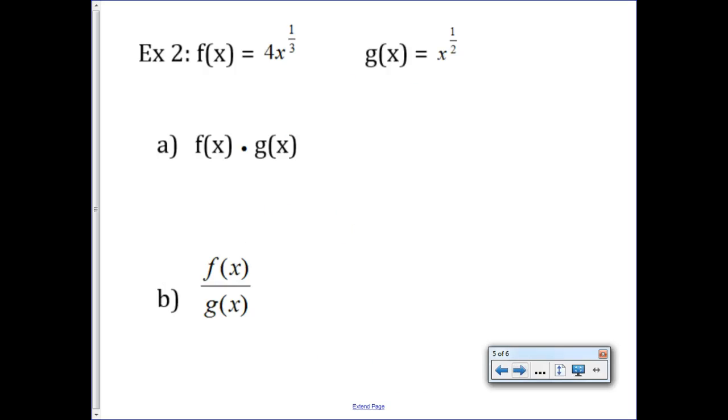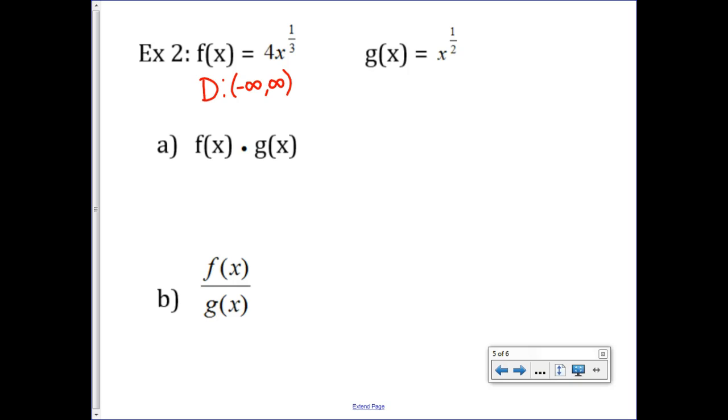Okay, we can also multiply and we can divide. So if you want to take a look at the 4x to the 1/3 graph and the x to the 1/2 graph, 4x to the 1/3 is going to be that sideways John Travolta, so no restrictions there. So the domain is negative infinity to positive infinity.